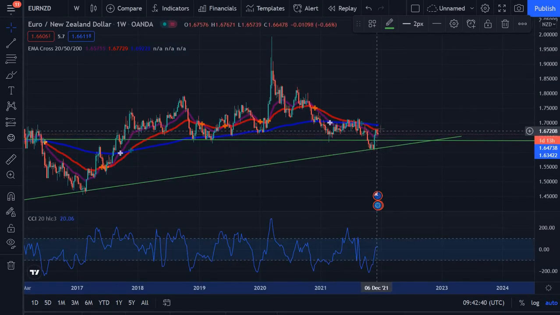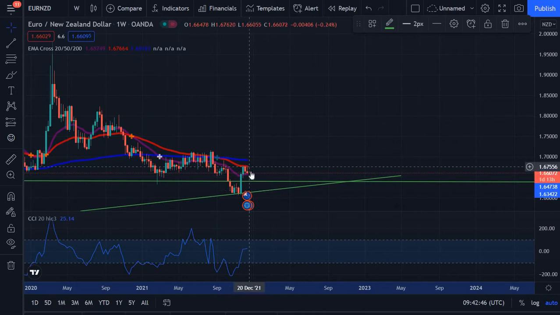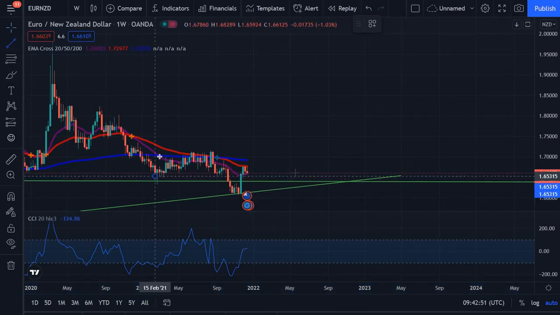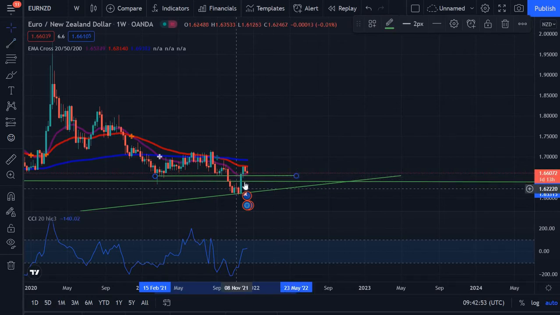Here pushing higher, now here getting rejected by the 50 EMA, but it looks like we could start rallying here from this support line again, because we had this bullish move here.